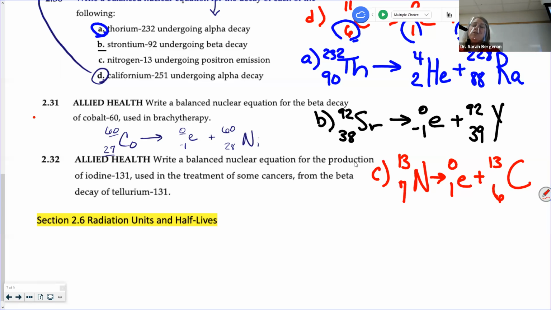So which side of my equation is iodine going to go on? Iodine's going to go on my right. So iodine 131. And so where's tellurium going to go? Left or right? Left. So what's the symbol? Te 131.